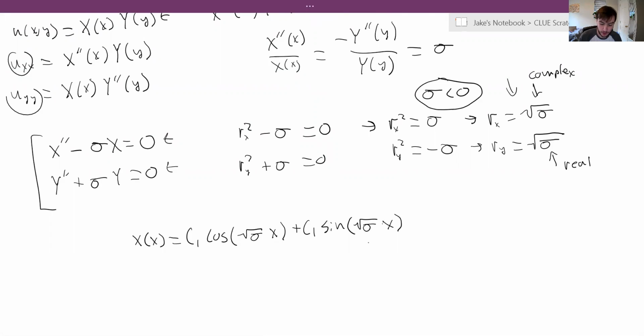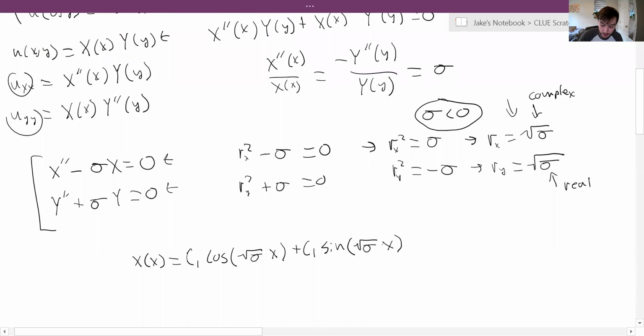we're going to use the strategy where this will be complex, but it won't have a real part because sigma is just a constant. It would just be like you might get -5 or let's do -9, which means that you'll get plus or minus 3i. So there's no real part here. It's just imaginary.